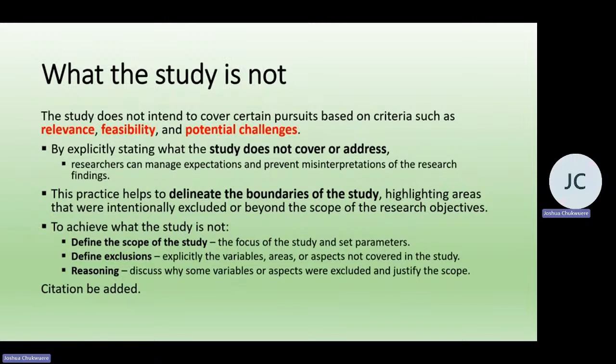So under validity, you're talking about construct, right? Does the study measure what it wants to measure? You're able to prove it, so your reader is able to trust your findings. Internal validity is concerned with establishing the cause and effect relationship between variables within the study and ruling out alternative explanations.